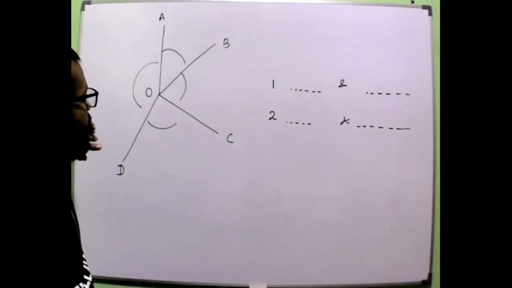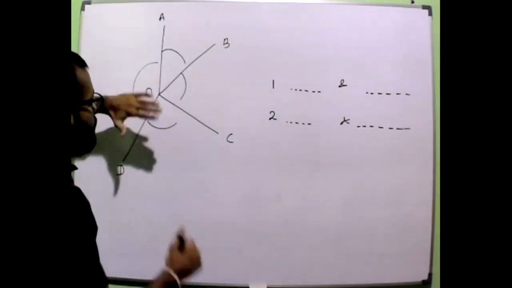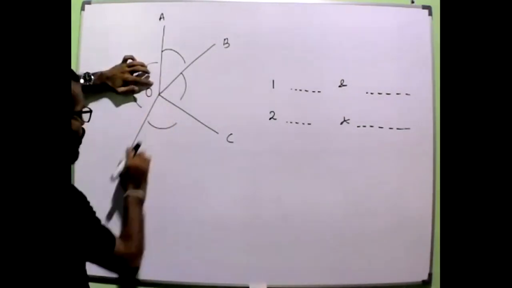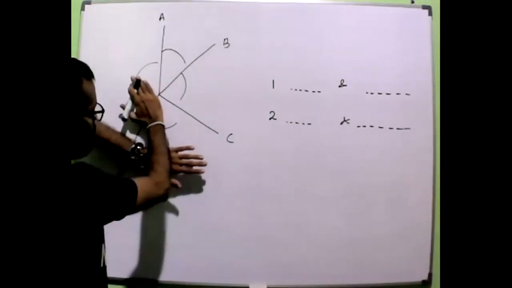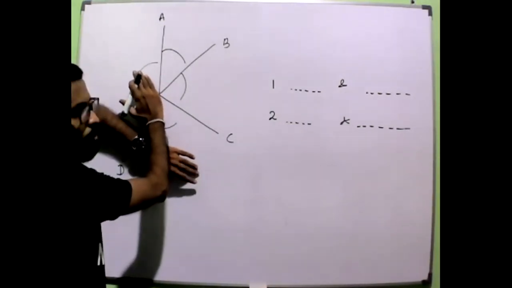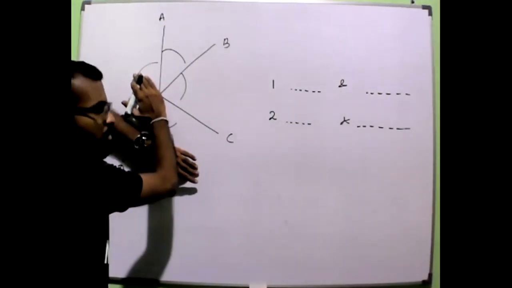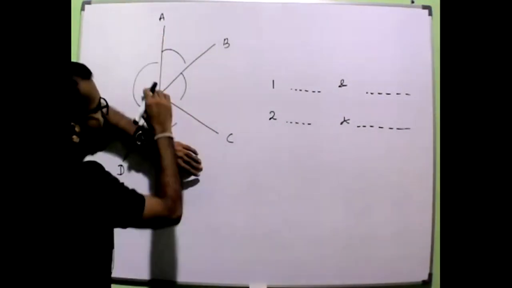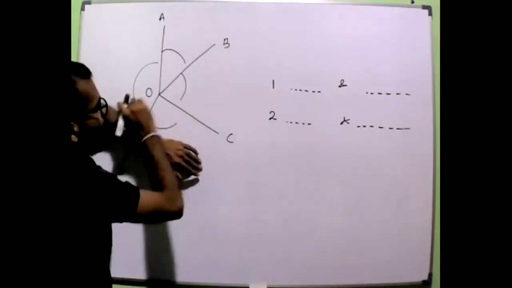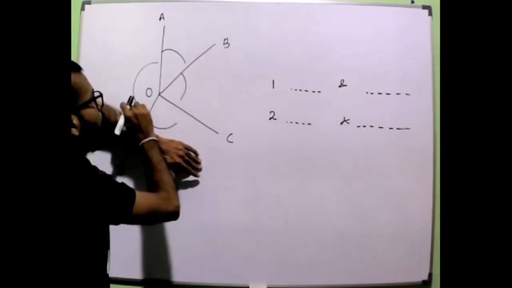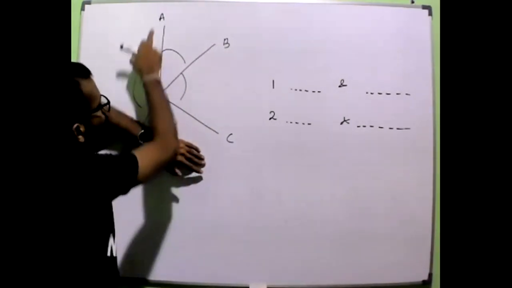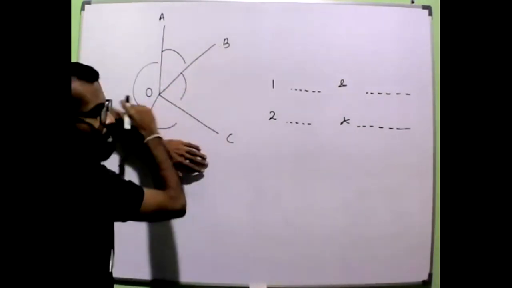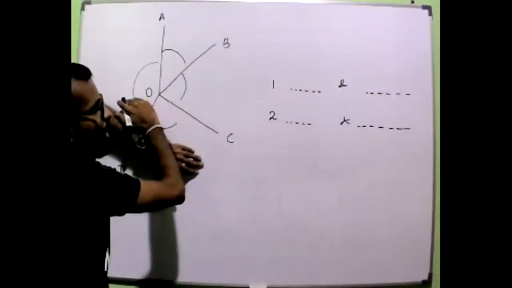Now, let's forget about OD. So I am going to forget this OD arm. Now let's consider AOC and AOB angles. Or let's consider OA, OB, and OC straight line.